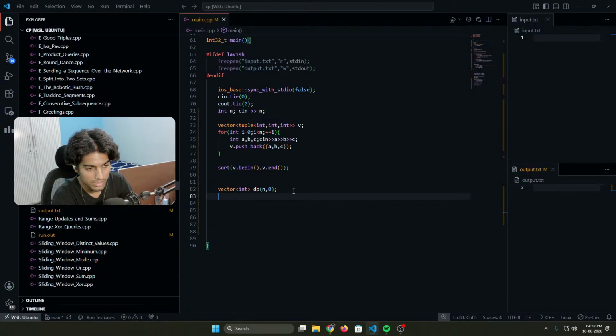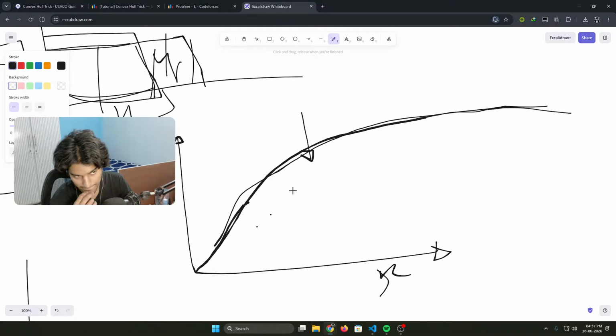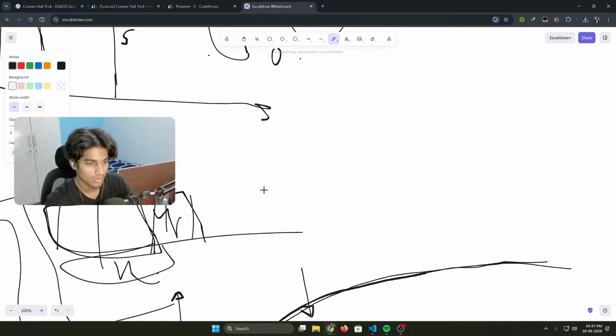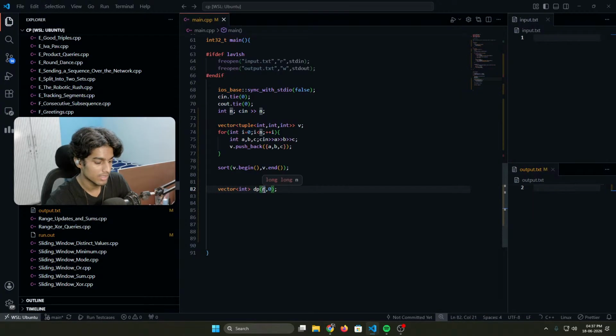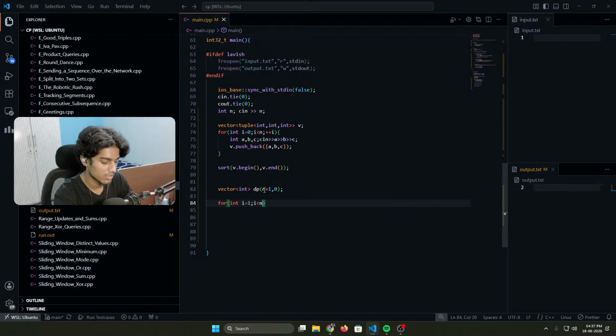So initially I'm storing zeros here. Right, so if area is 0, that is going to be the score by not picking anything. Then we can start iterating for DP of I+1.